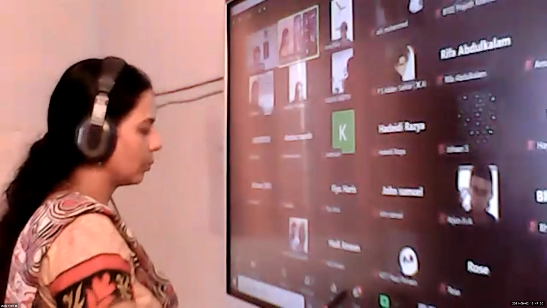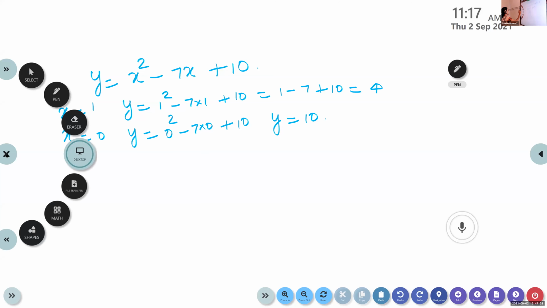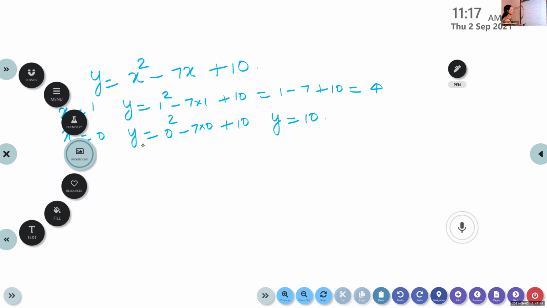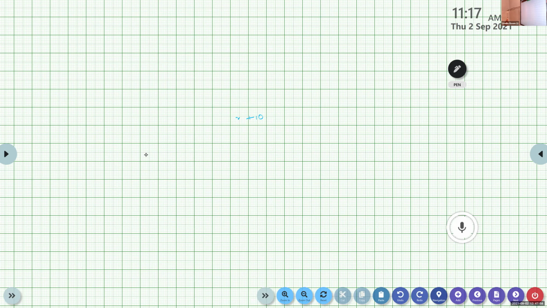Now what you have to do is draw this in graph. We have to plot the points in graph. Are you all having graph paper? In the record book, you have to do it in the graph paper and stick it.